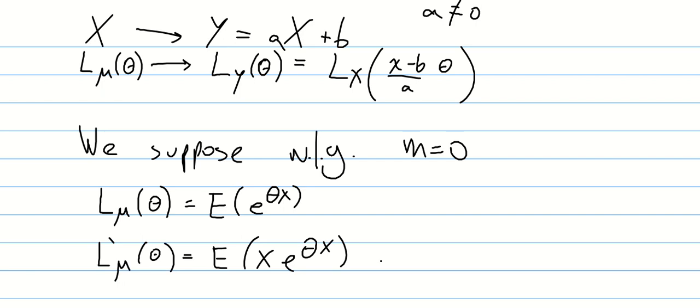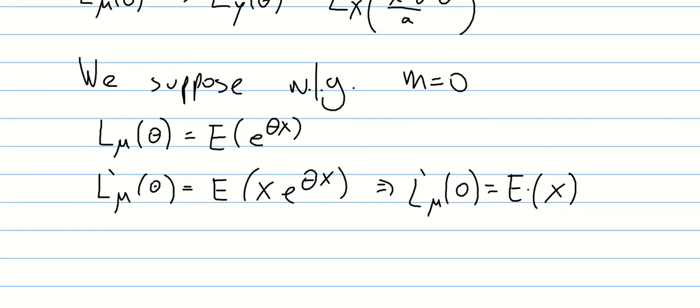So when we evaluate the derivative at 0, we get the expectation of x. That's why it's called the moment generating function, because if you take other derivatives, you're going to get other moments. But one important point is that this is now known to be 0. So the derivative of this function is 0.